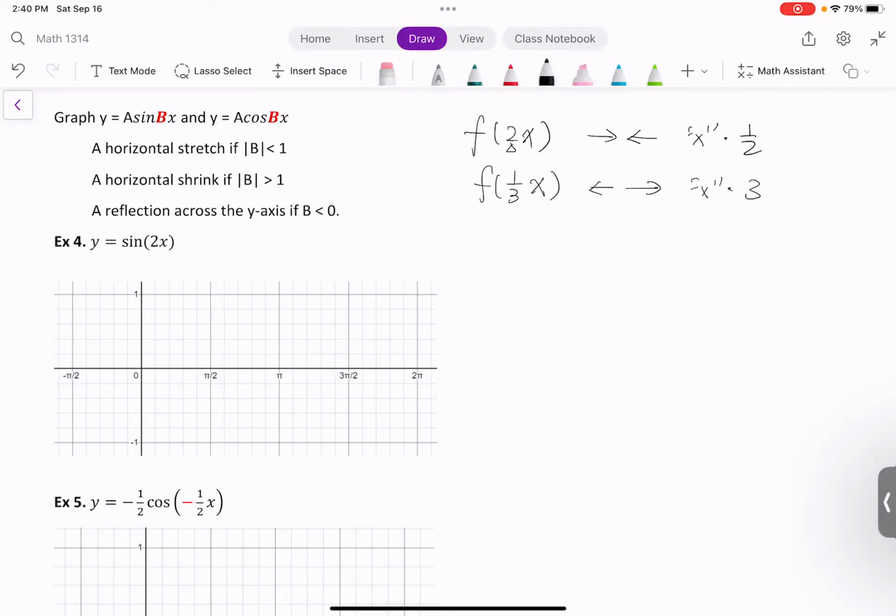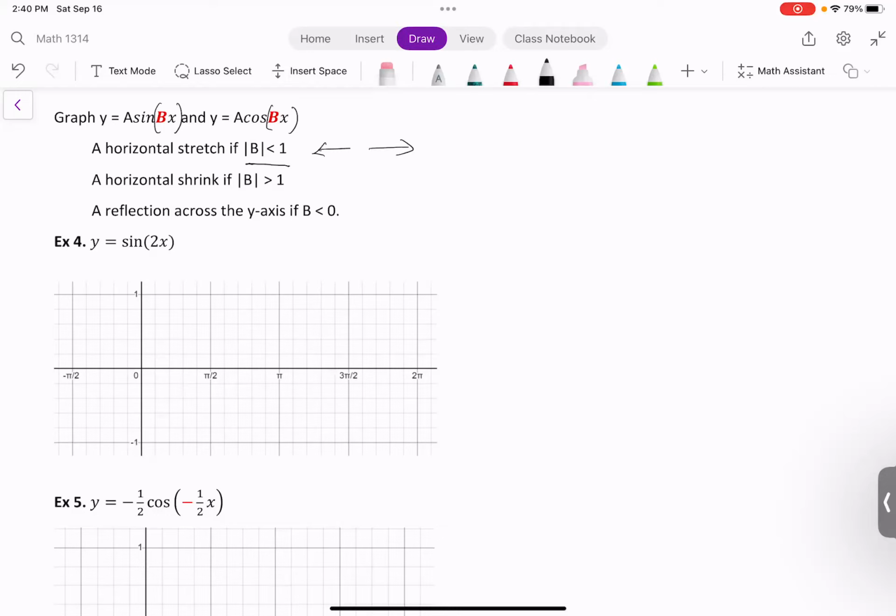And for the sine and cosine, we have the same thing. So where does the b come from? It's inside the parentheses, the input value of sine and cosine, in front of the x. If the absolute value of b is less than 1, we are stretching it horizontally.